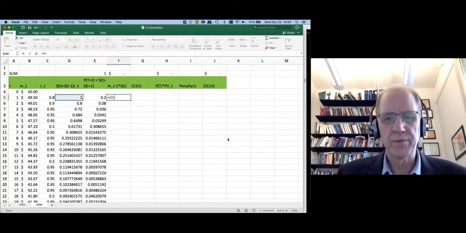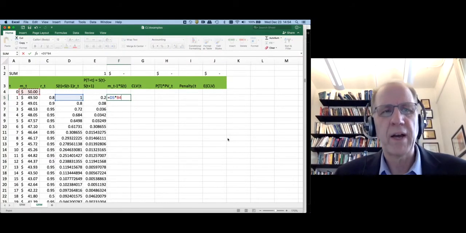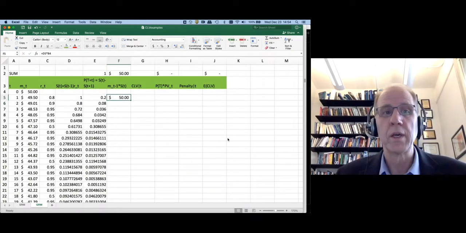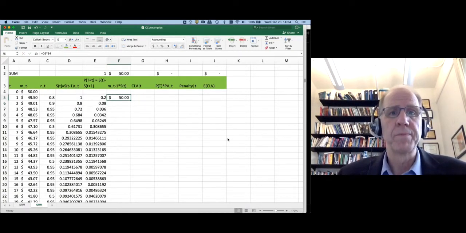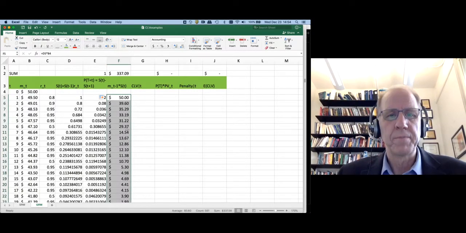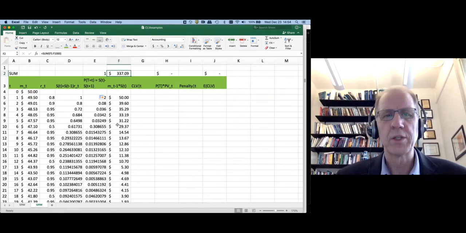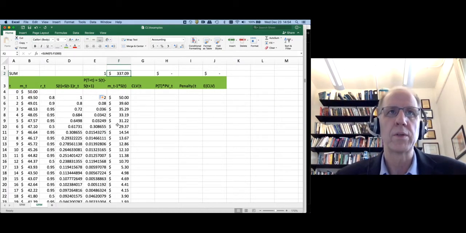So if I take the survivor function times the present value of the payment that I got at time t minus 1, okay, so with certainty, I'm going to get $50 from you. I'll copy this down, and what we end up with is the lifetime value of a customer in this complicated situation is about $340.